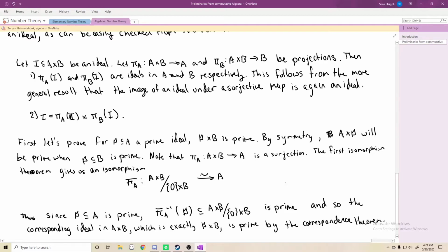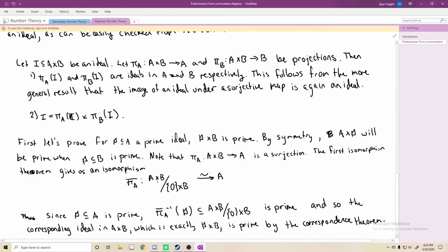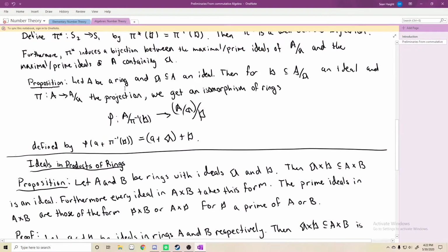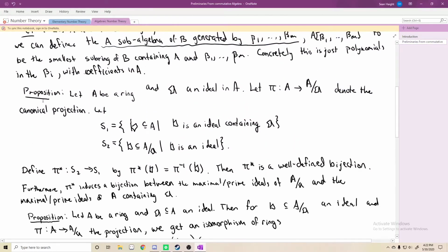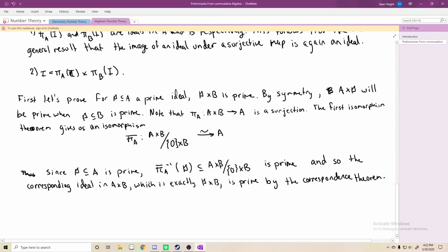Okay, so the idea for the proof of this fact that P cross B is prime is that P corresponds to an ideal in the quotient, and using this proposition here, pi star induces a bijection between the prime ideals in the quotient and the prime ideals of A containing A. If this proof is confusing to you, just try to prove it directly, and it will maybe be a little bit more straightforward.